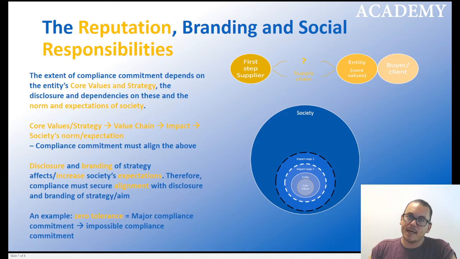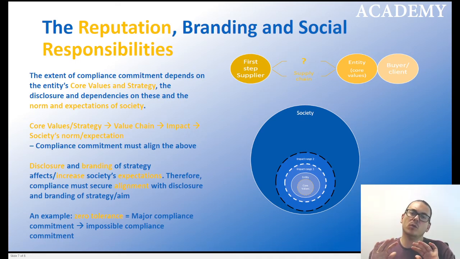But it's just an example that what you put out there in your strategy, core aim, has to align with your operations. So core values, strategy, look at your operations, look at your supply chains in your operational scheme, and that has to comply with the impact factor. So what is our impact factor in society?